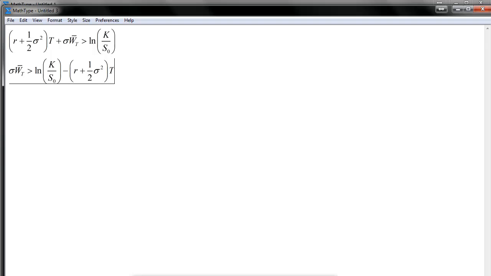And now comes the tricky point. We multiply by -1, so on the left hand side we get minus, but we have to change the inequality sign, and also change the right hand side. So from the logarithm I'll just swap these two variables. And here for sure I'm going to have plus.